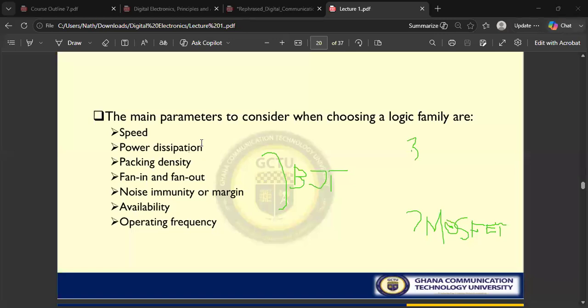The speed deals with the rate at which the logic family operates, and the power dissipation is just the amount of power the logic gate consumes while operating.